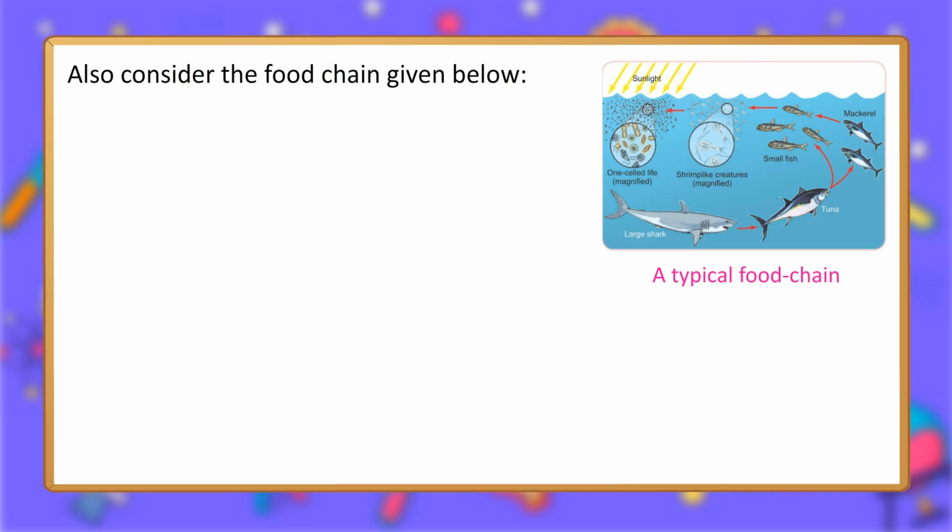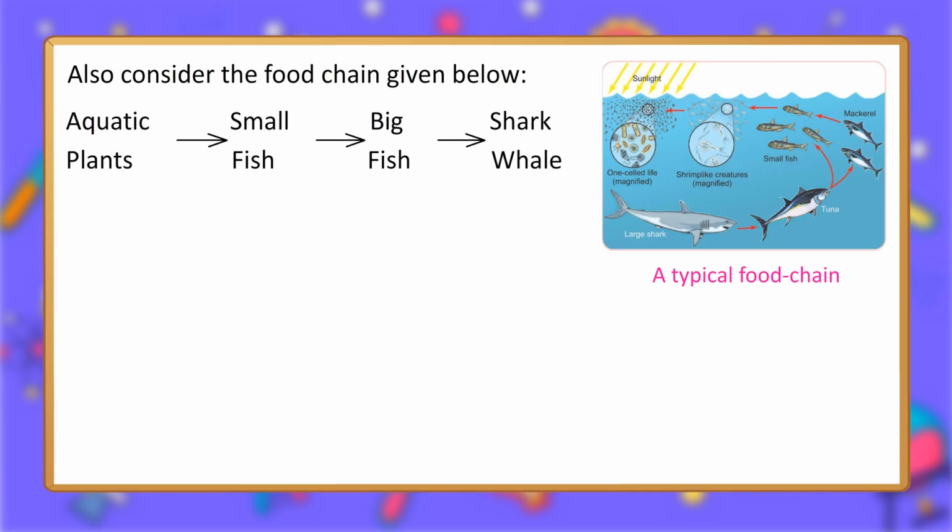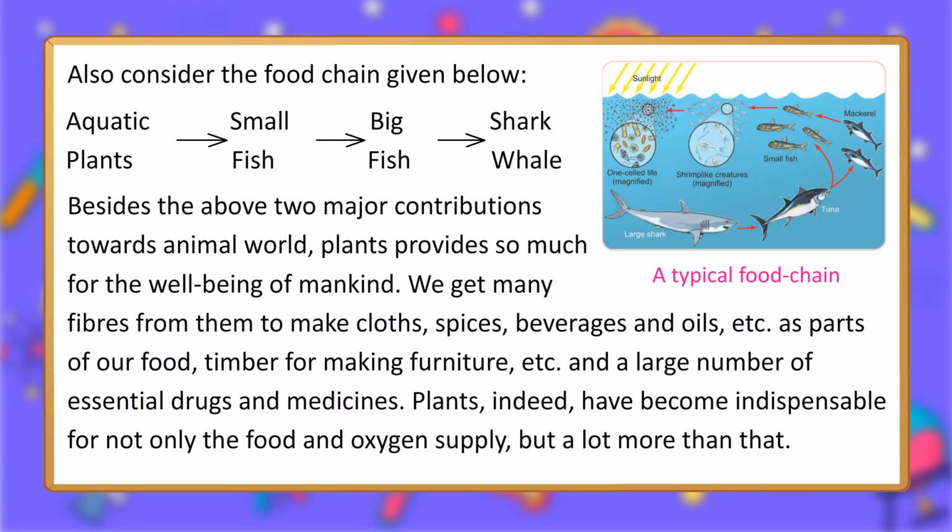Also consider the food chain given below: aquatic plants, small fish, big fish, shark, whale. Besides the above two major contributions towards the animal world, plants provide so much for the well-being of mankind.